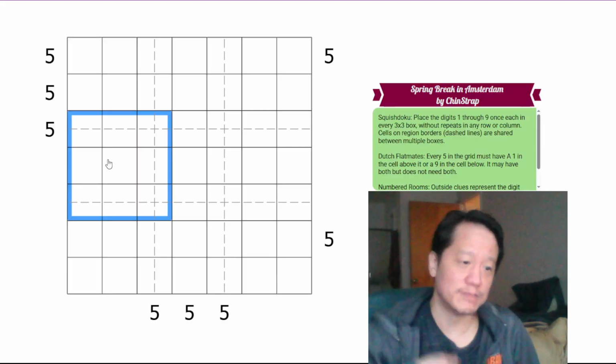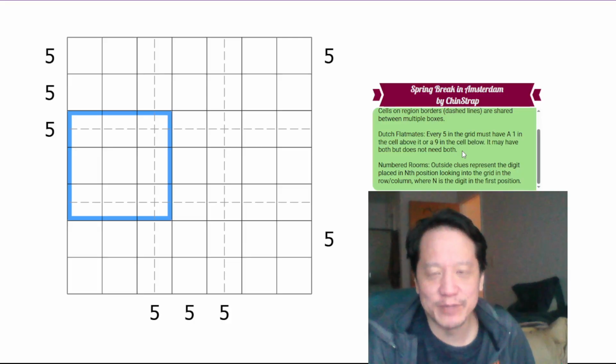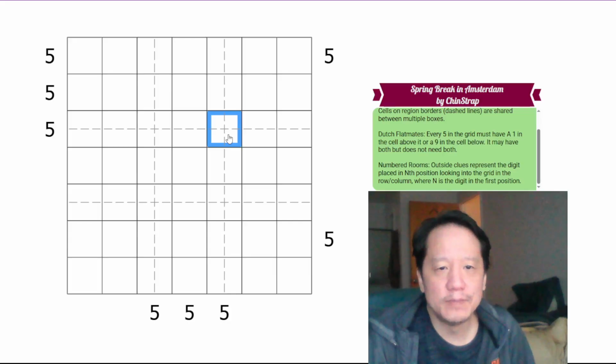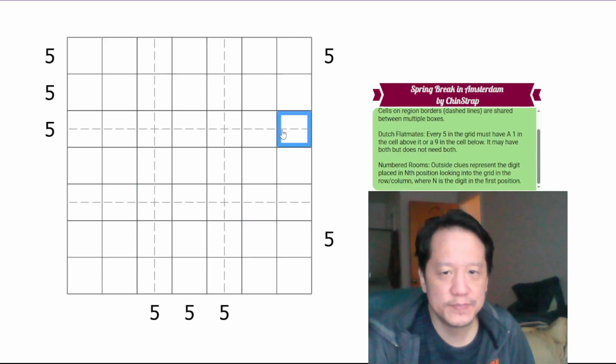But that's just my opinion. I'm not a setter, so take my opinion with a grain of salt. So that's basically normal Squish Doku rules.